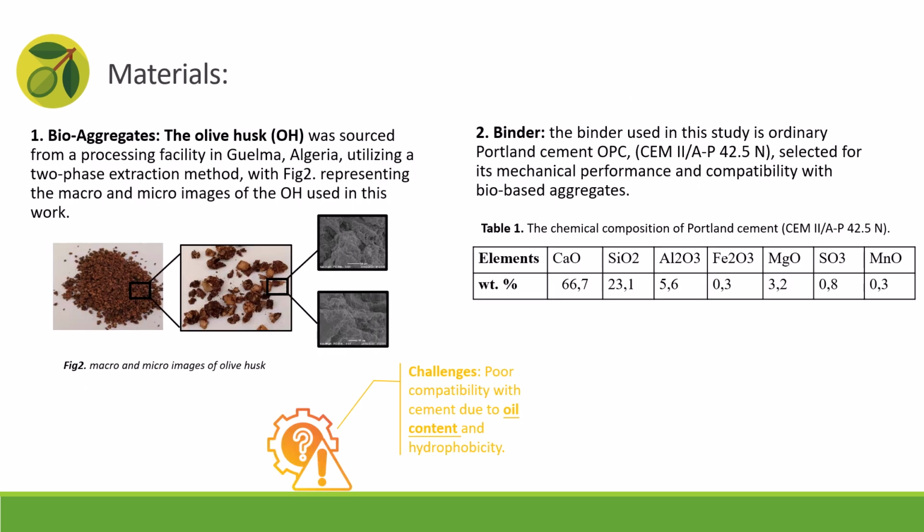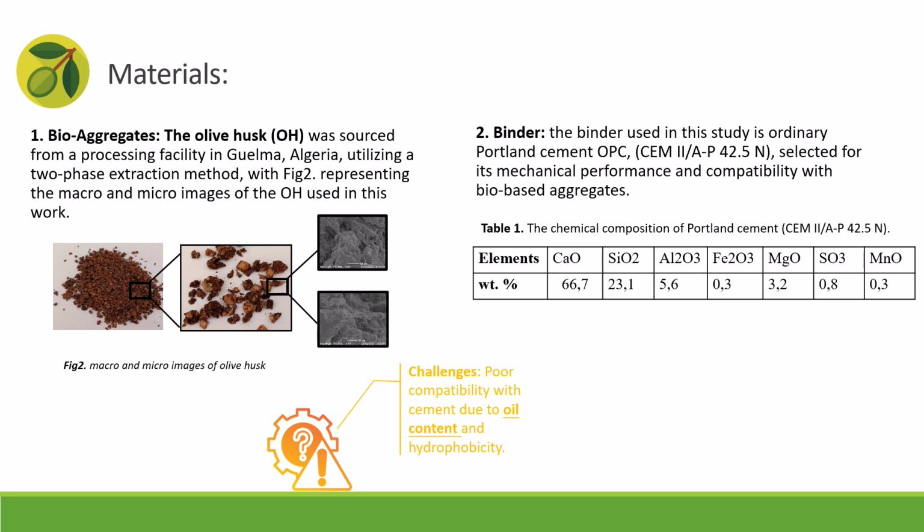The olive husk used in this study was sourced from a processing facility in Guelma, Algeria. The extraction process employed was a two-phase method, which preserves much of the fibrous structure of the olive husk. As illustrated in the images in this slide, the material consists of both fibrous fragments and crushed bulk olive bones.